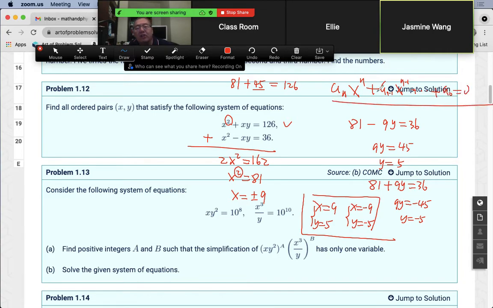For this general equation, generally speaking, this equation will have n solutions. If n is 2, this equation will have 2 solutions. If n equals 3, it will have 3 solutions. Here we have 2, so this system of equations will have 2 solutions, and you can see exactly they have 2 solutions.